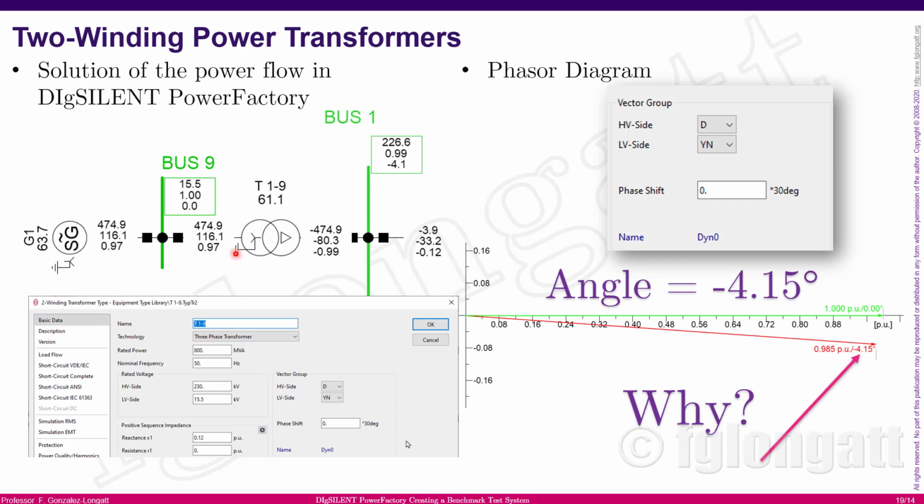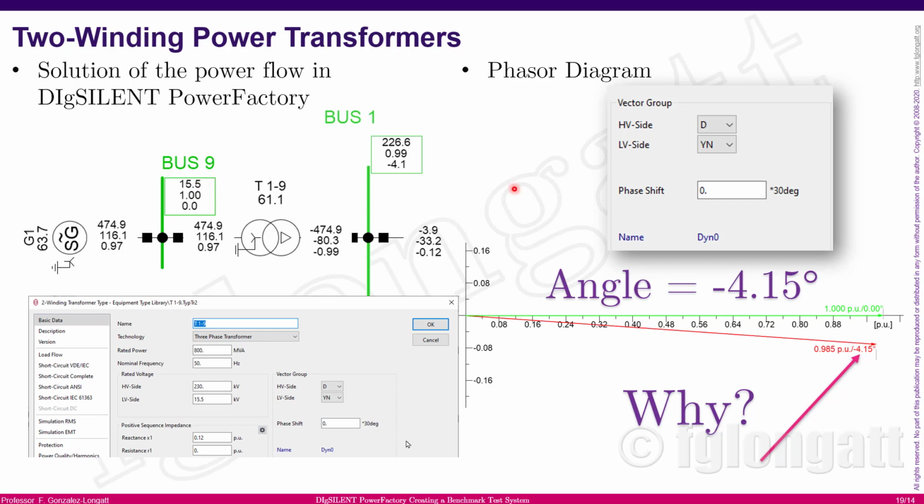When we run the classical positive sequence load flow inside DIgSILENT PowerFactory, we get the voltage here on the high voltage side, and this is 0.99 at minus 4.1 degrees. And the voltage on the low voltage side is the reference, 1.0 at 0 degrees.